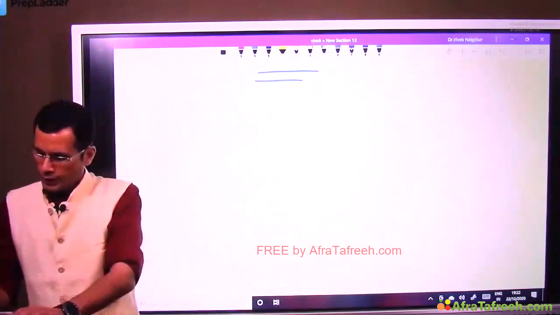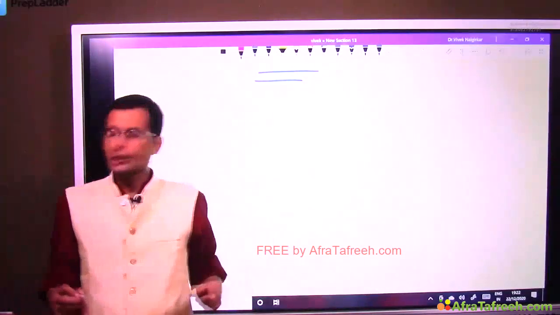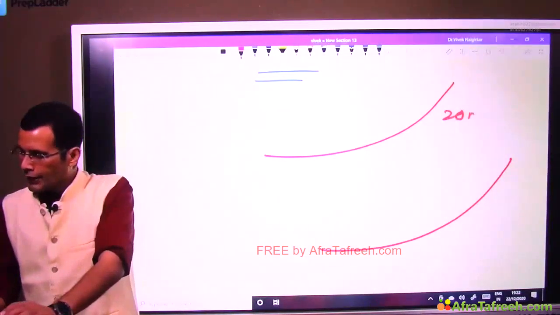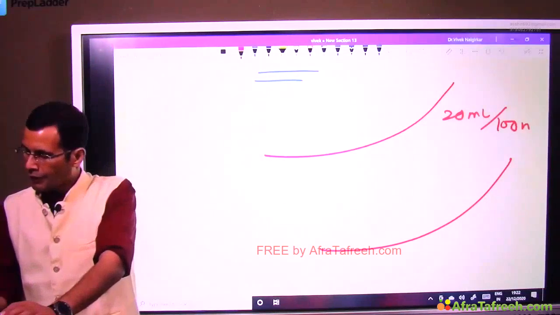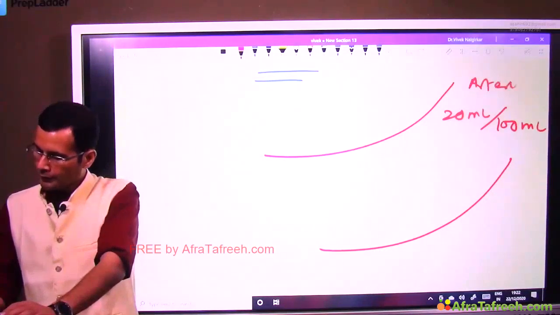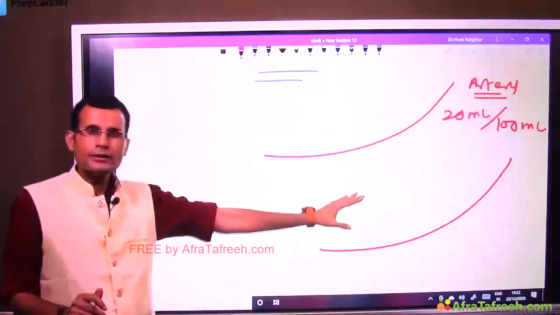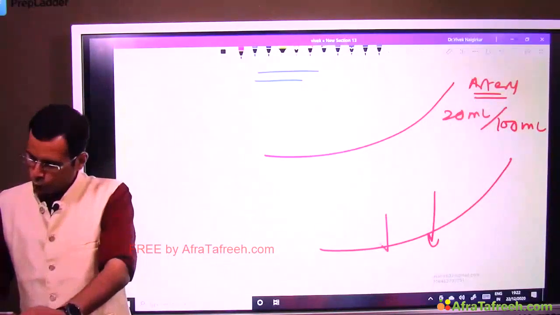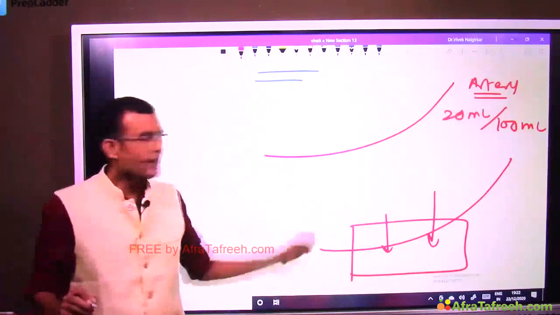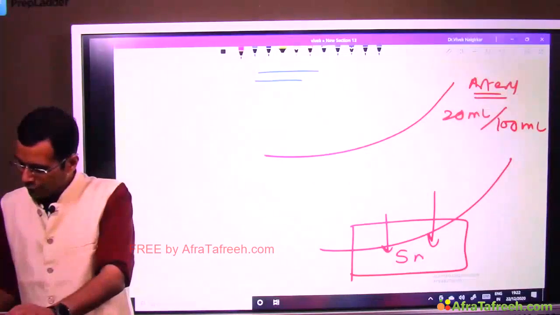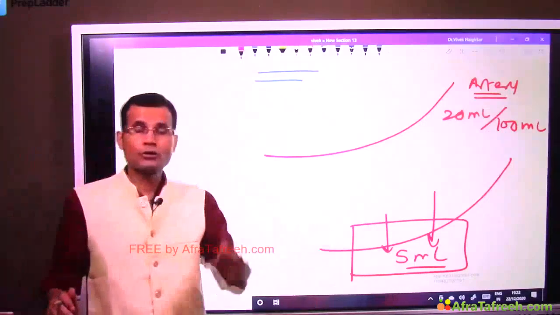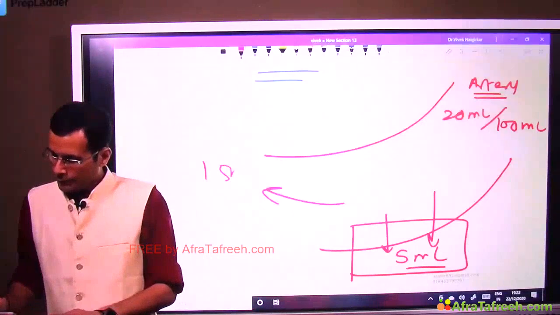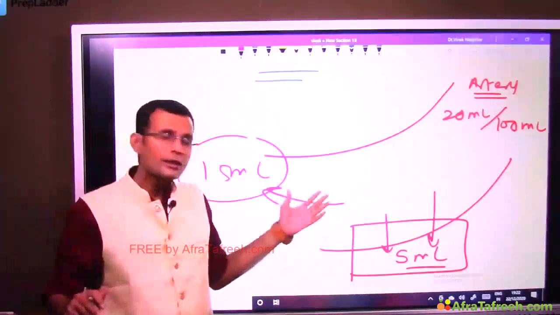Look, elsewhere in the body, when 20 ml of oxygen is carried by every 100 ml of arterial blood, we have done this in the respiratory system as well. When this blood goes into the tissues, out of this 20 ml, generally the tissues extract 5 ml of oxygen. Which means the remaining 15 ml goes back into the venous blood.